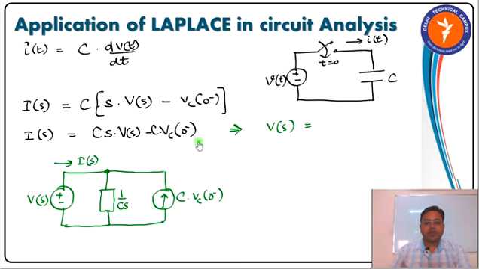If this factor goes to the other side, it will add up with I(s). So it will be I(s) plus C Vc(0-). And I had this portion with this part with V(s), so I will divide this by Cs, and with Cs here. Now this C and this C will cancel out, so I will remove them. So this is the equation.